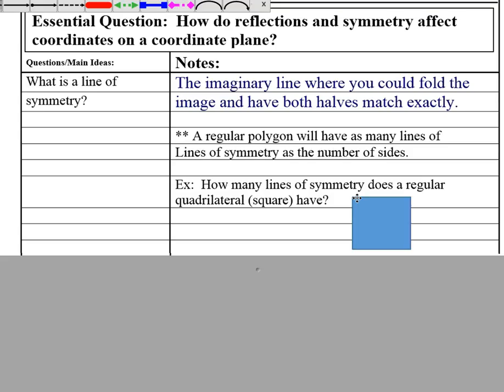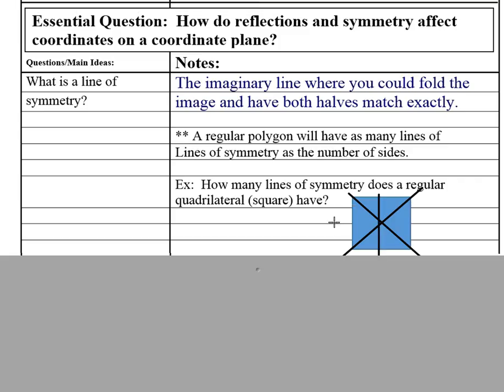And I can draw a line diagonally and going the other way diagonally. So putting all of those together, I have a total of 4 lines of symmetry. And I'll pull them out so you can see. Here's 1 line, 2 lines, 3 lines, and 4 lines of symmetry.